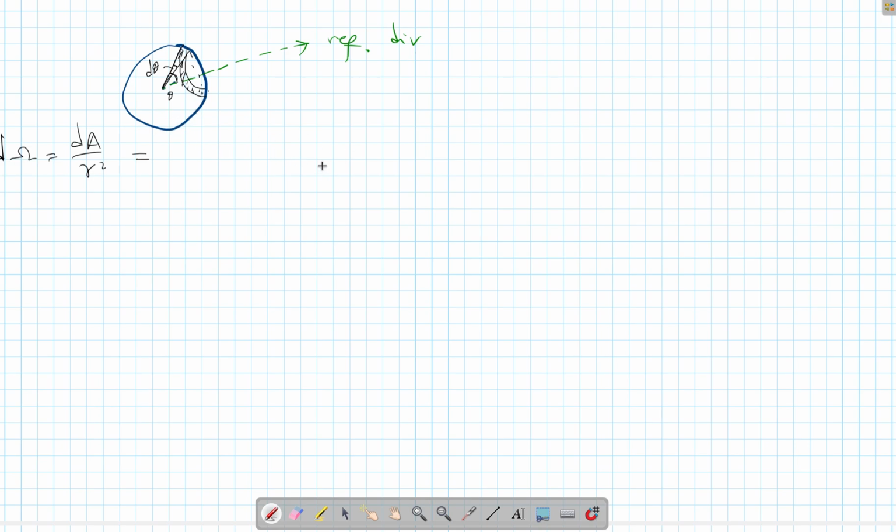Okay, so to compute the area of this annular cut, how can I do that? Maybe to draw something again. Sorry. The annular cut is going to be something like this. So it's this shaded area, part of the sphere.